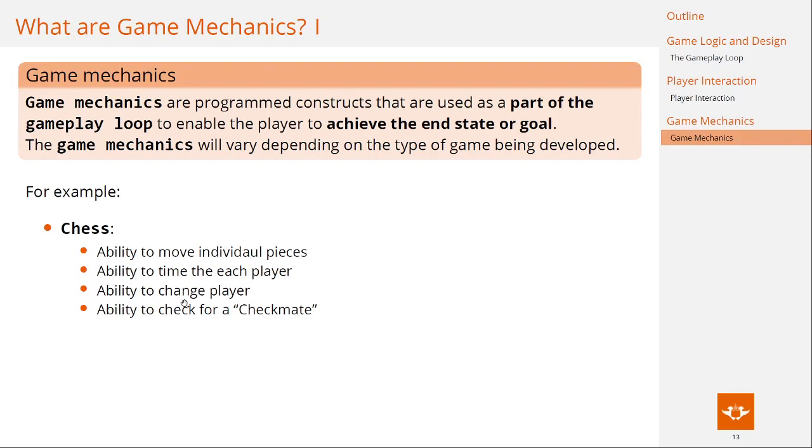You also need to have the ability to swap between players so that the other player can then do their moves. You also need the ability to check the game state against the end goal of the program, which is to check for the checkmate that we're looking for to determine who the winner is going to be. So these mechanics are determined by what the goal of the game is going to be.